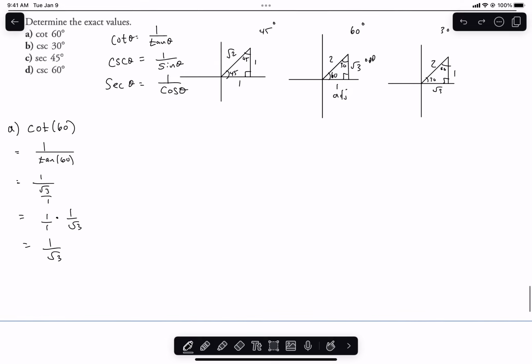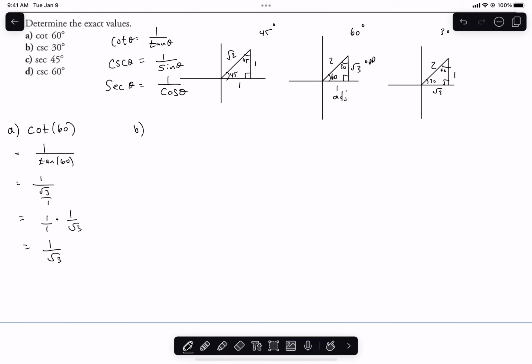If I do question B, it asks us about the cosecant of 30 degrees, and cosecant goes with sine. I get 1 over sine 30. Using the 30-degree triangle, the sine of 30 degrees is 1 over 2, and so I get 1 over 1 over 2.